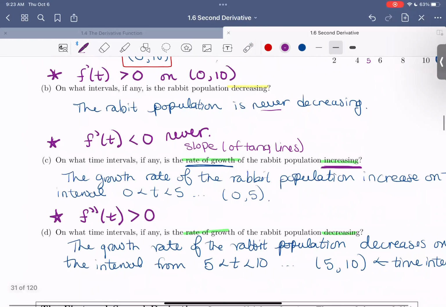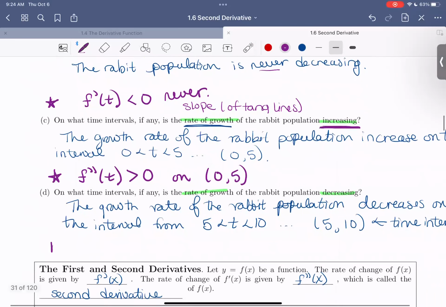And we saw that indeed it is positive on the interval from 0 to 5. Finally, if our rate of growth decreases, that would mean our change of our change is less than 0, is negative. We're decreasing our rate of growth. And we saw that's the case on the interval from 5 to 10.